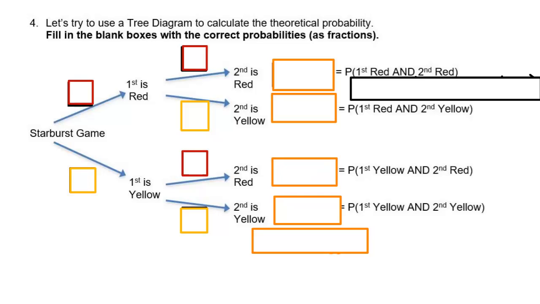In a tree diagram, the first thing we look at is a split, because two possible things happen when you reach into the bag. You either grab a red or you grab a yellow. What's the probability you got red when you first reached into the bag? 4 out of 6. The probability that it was yellow the first time? 2 out of 6.